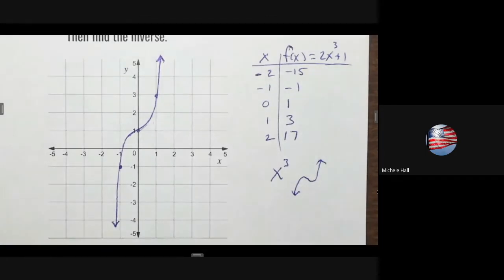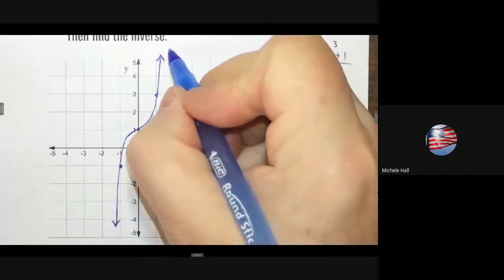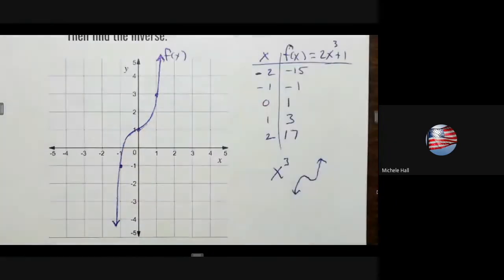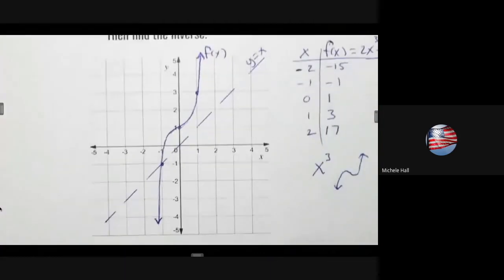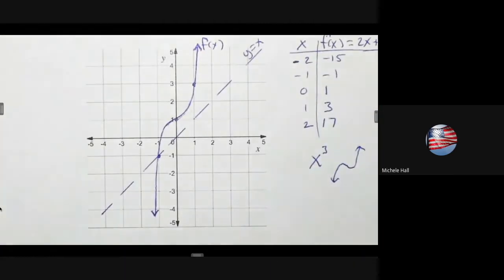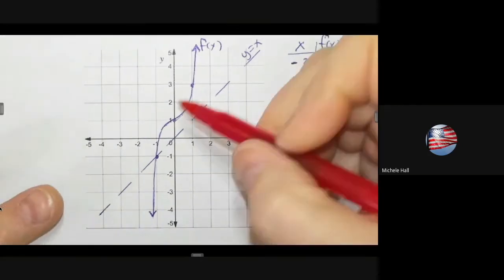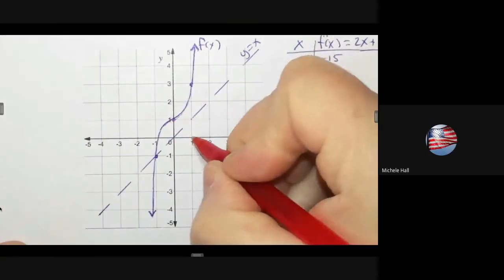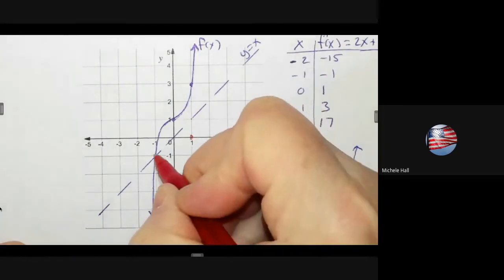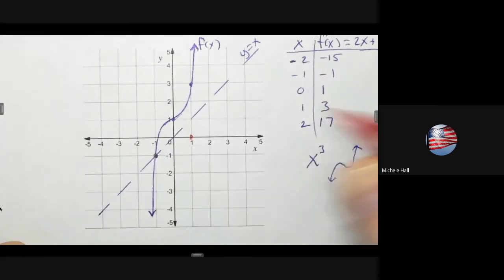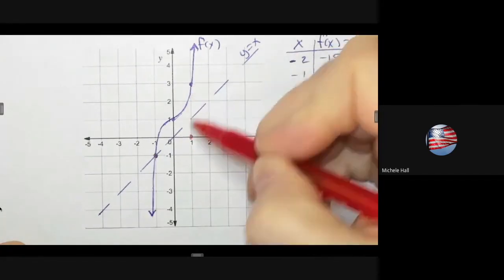So we are going to graph the inverse and start by having our y equals x line. All right, we're looking for those points to help guide us in our inverse. We have 0, 1, so 1, 0 would be in the inverse. Where it's crossing right here would be in the inverse. We have 1, 3, so 3, 1.